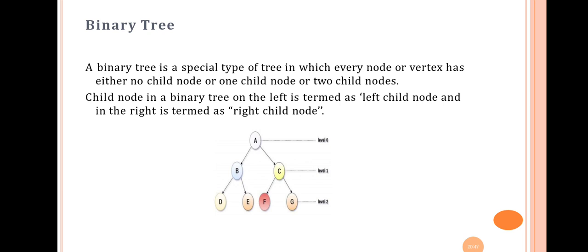B is the left child node and C is the right child node, represented at level 1. And then D and E are child nodes for B. D is the left child node for B and E is the right child node for B. And F and G are child nodes for C. F is the left child node, G is the right child node. These are represented at level 2.